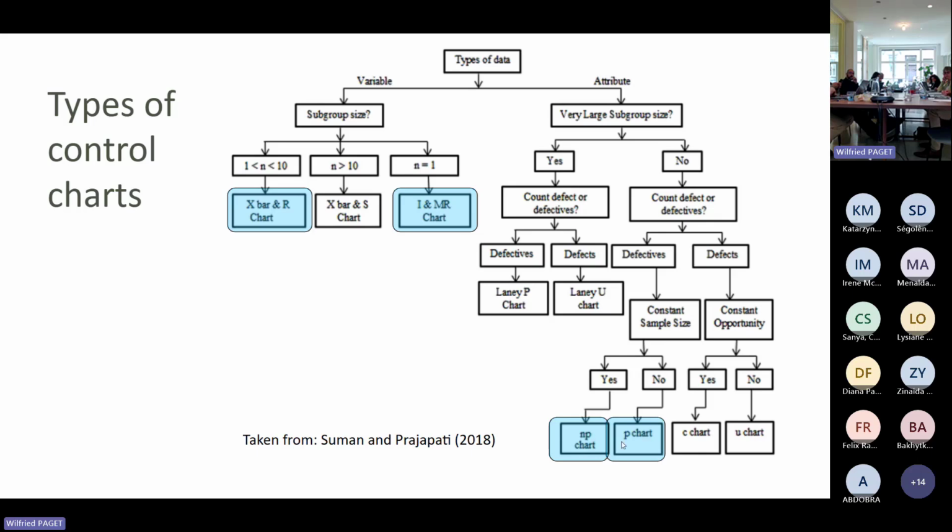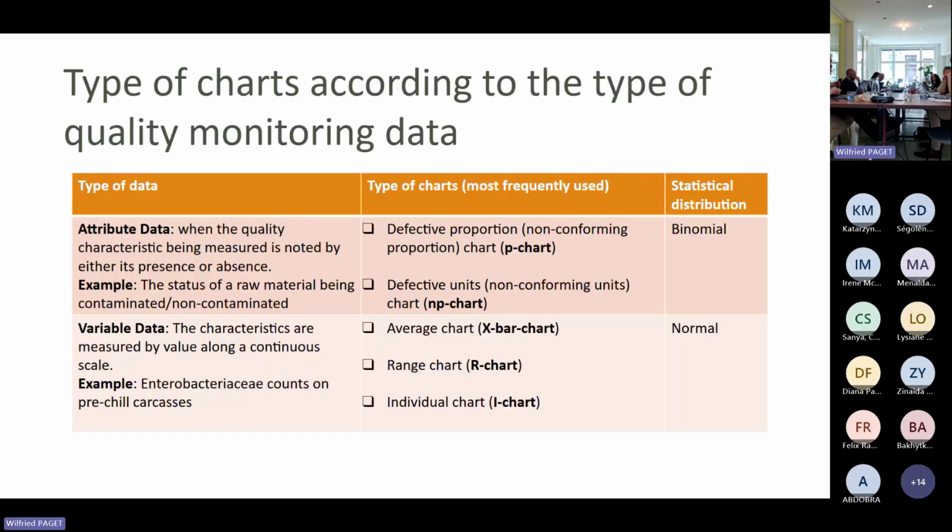The difference between these two is connected with the sample size. If the sample size is always the same, you can use a P chart, but if the sample size is changing over time, then we need to use the NP chart because the sample size has an effect on the calculations. Okay, so the types of charts are summarized in this table.